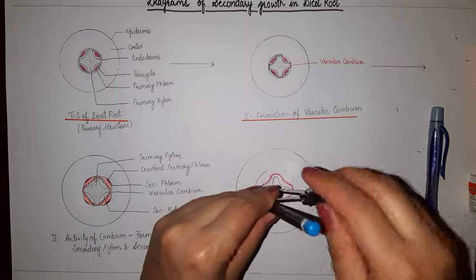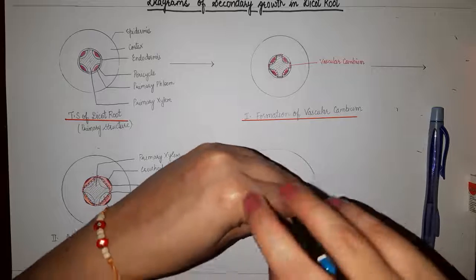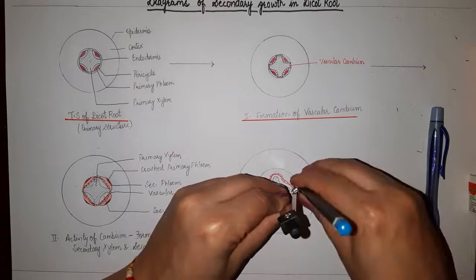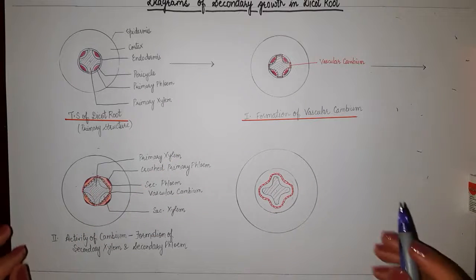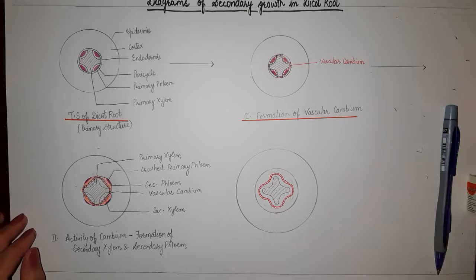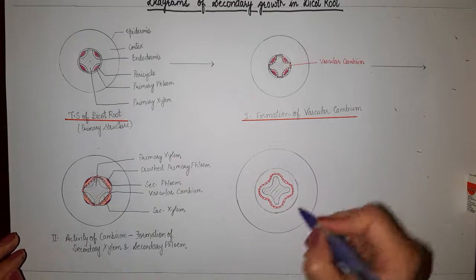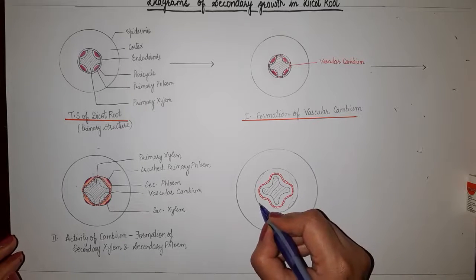We need this area to mark secondary phloem. So, the patches of primary phloem, crushed patches just opposite to the curved areas.